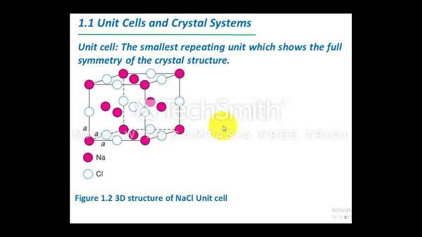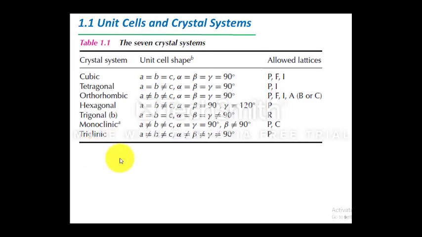This process continues in 3 dimensions, but this arrangement, in which one cube has 8 corners with 8 sodium atoms located at its corners, is the smallest repeating unit, and this is the unit cell of sodium chloride. The crystal structure of sodium chloride is the simplest crystal system. There are a total of 7 crystal systems: cubic, tetragonal, orthorhombic, hexagonal, trigonal, monoclinic, and triclinic.